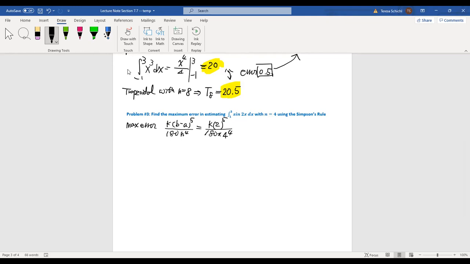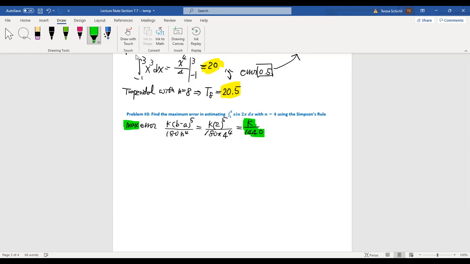If you cancel and simplify, this equals K over 1440. So this is the maximum error.